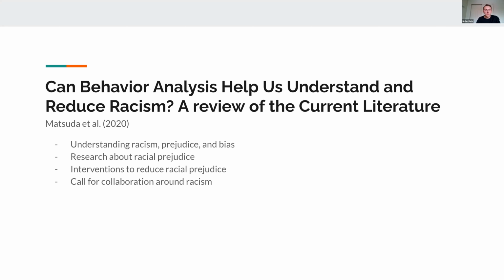The article proposes ways that members of the scientific community can learn about racism, specifically from a behavioral analytic perspective. And they extend experimental analyses of prejudice, and they talk about intervening to reduce racism in various settings. Again, kind of touching on where people are at and what they might be able to do with where they currently are situated.